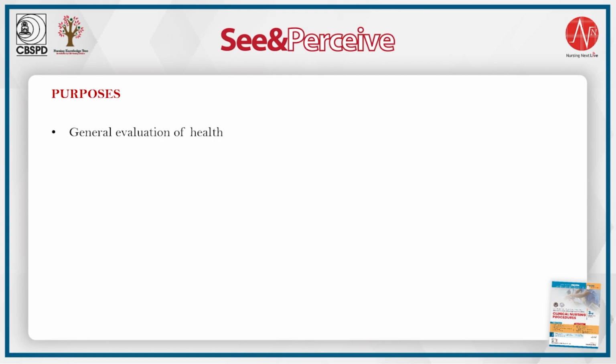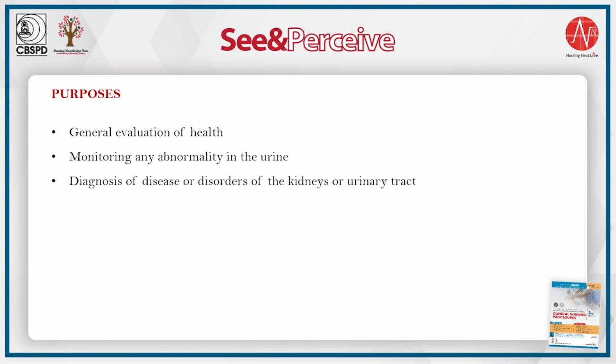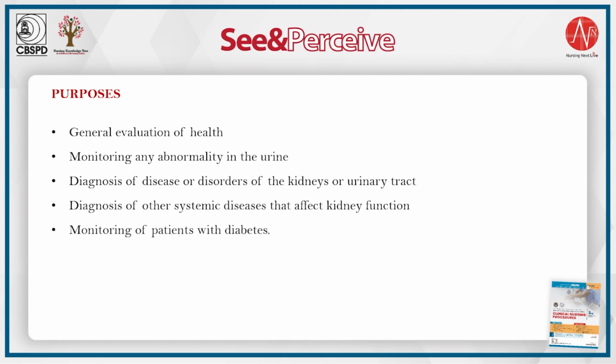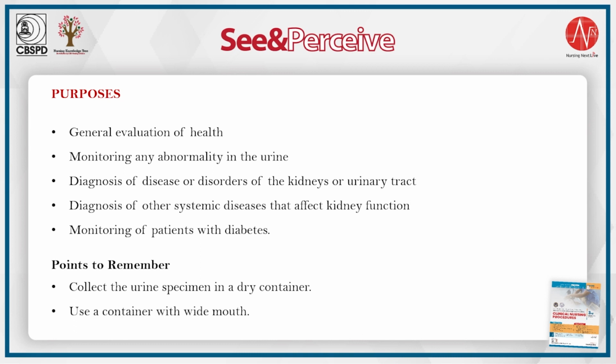Purposes are general evaluation of health, monitoring any abnormality in the urine, diagnosis of disease or disorders of the kidneys or urinary tract, diagnosis of other systemic diseases that affect kidney function, and monitoring of patients with diabetes. Points to remember are: collect the urine specimen in a dry container and use a container with a wide mouth.